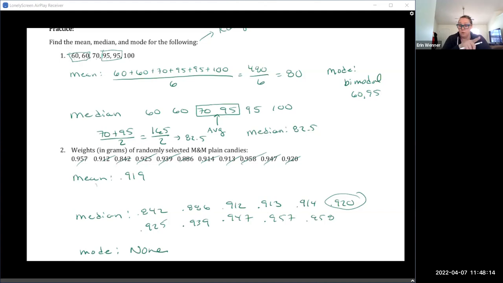For those of you who do not, if you have a smartphone, then there is a free app that you can download, and it's called Wabbitemu. And it is a graphing calculator emulator. And we're like, what does that even mean? It looks like a graphing calculator, but it's on your cell phone.